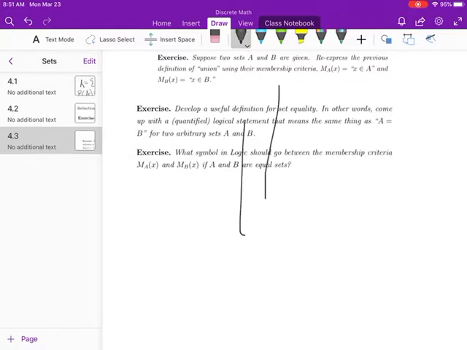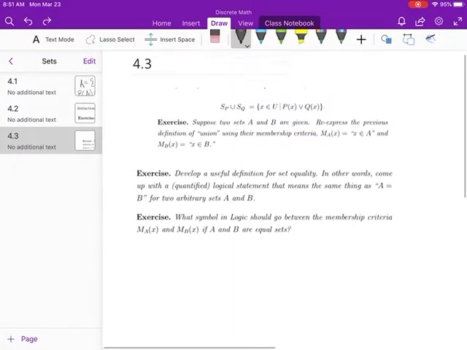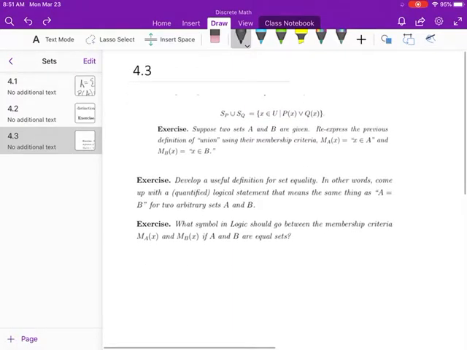They give you this definition of union, right? So here what they're doing is they're showing a union of truth sets between two sentences P and Q. It's the set of all X in U, so the set of all elements in the universe, such that P of X is true or Q of X is true.